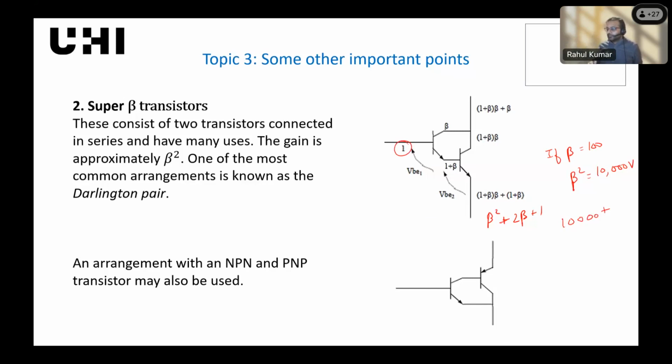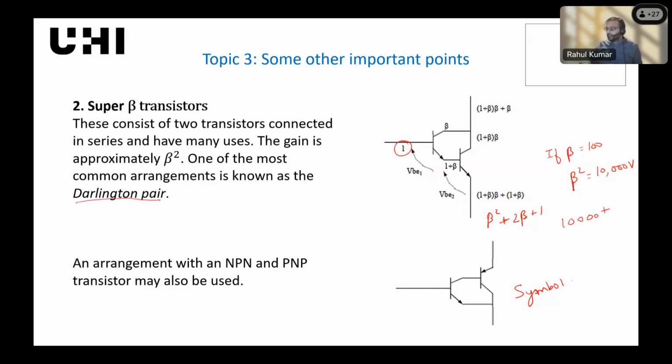Okay. And that's called a Darlington pair. And this is the symbol of a super beta transistor, or you can say a Darlington pair.